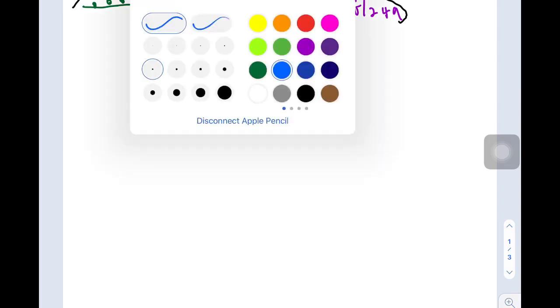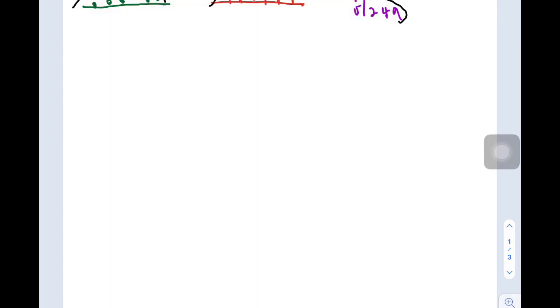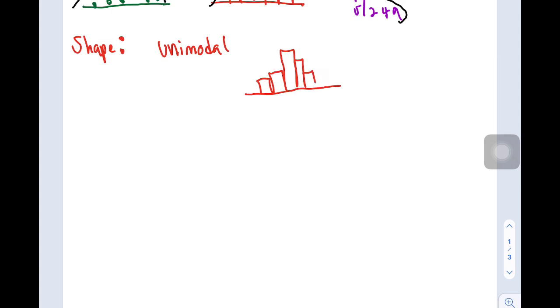And then let's talk a little bit more about shape. With shape, you have this term that's called unimodal. This is probably our favorite type of data distribution in stats. What unimodal looks like, I'll give you a random histogram here, is where the data distribution has one peak, one high point, and that's right there.